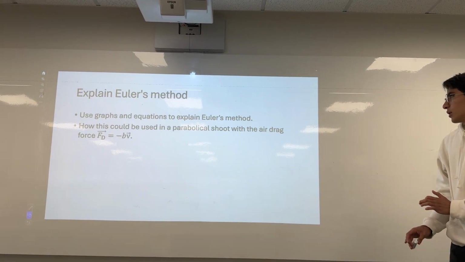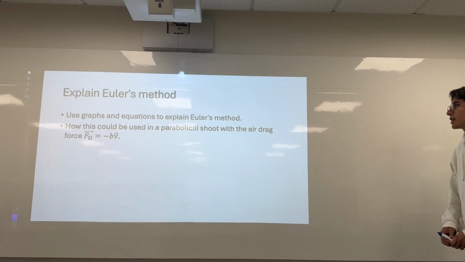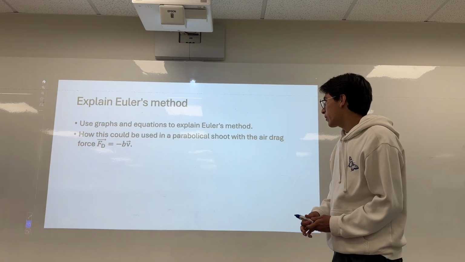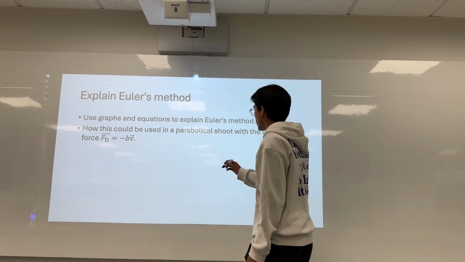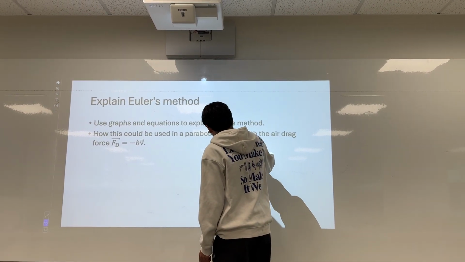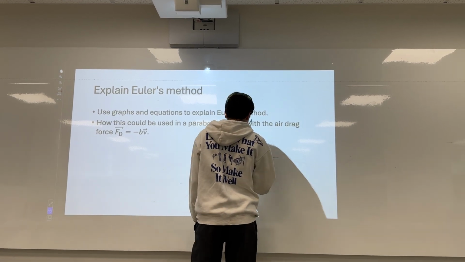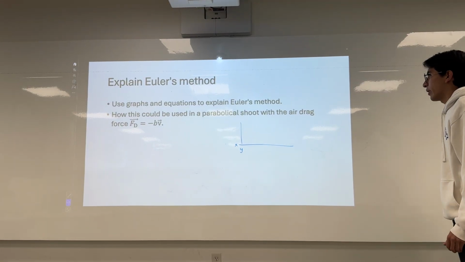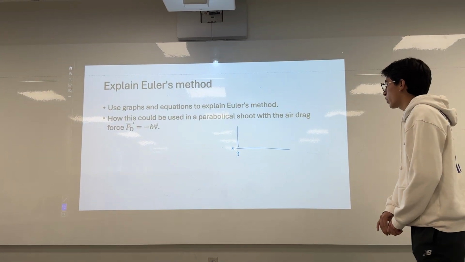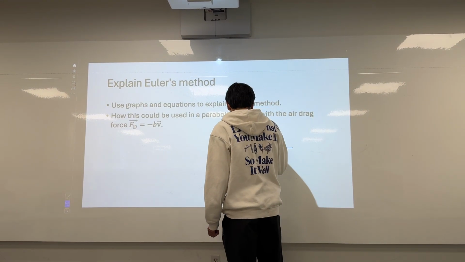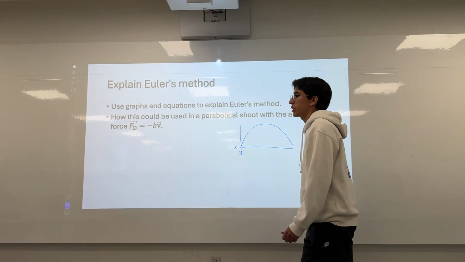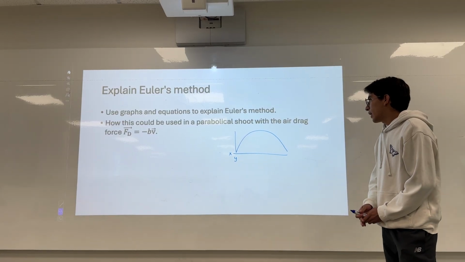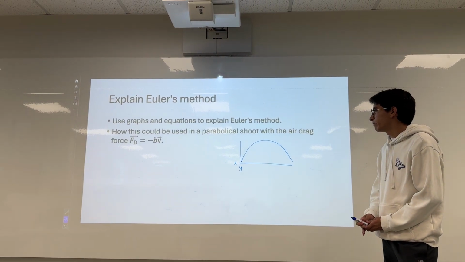Okay. I remember the method, but I don't really remember the equation. But we have our components in y and x, and a parabolic shoot, considering, for example, the one in the catapult.